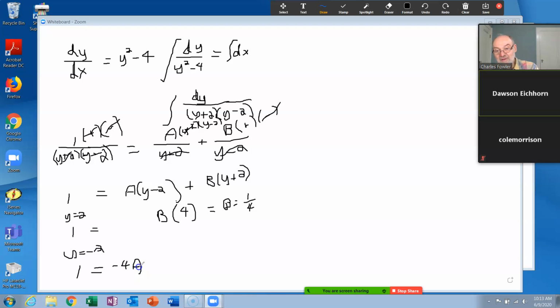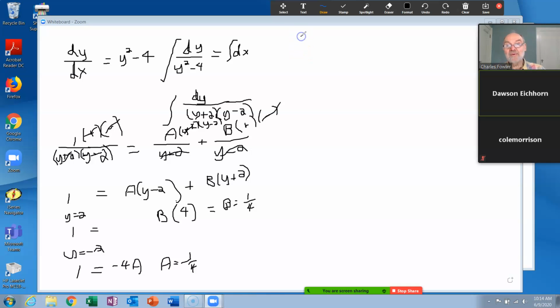And over here, this one went away. So you're done with that. So a is then equal to -1/4. That's supposed to be a minus sign. It's a pretty ugly one. Okay, -1/4.